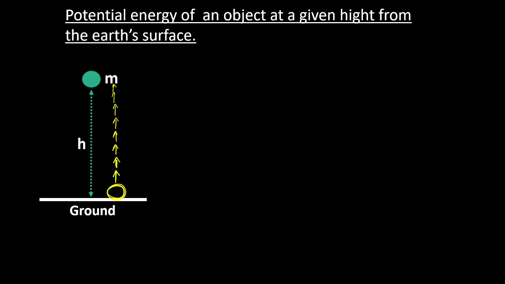So I have done an external force F to raise the body. So I have done some work on this body. Whatever work or effort I have done on the body to raise it to a height h, that work is stored as the potential energy.